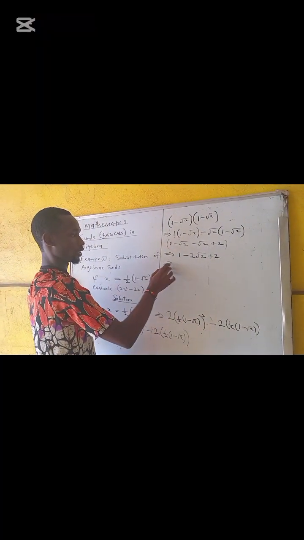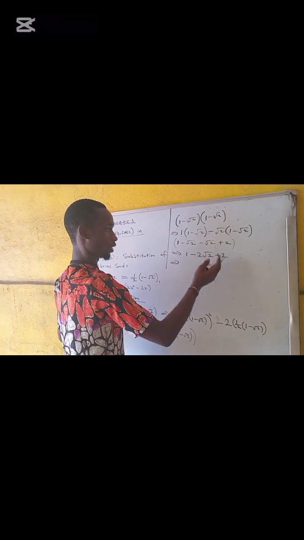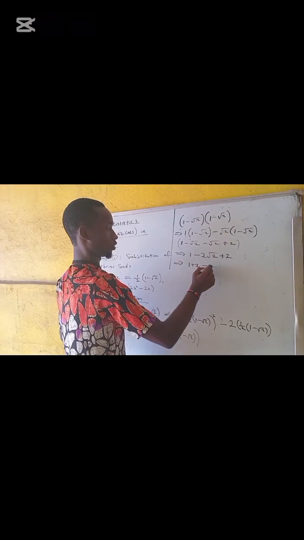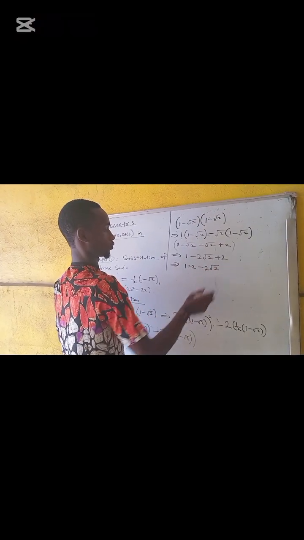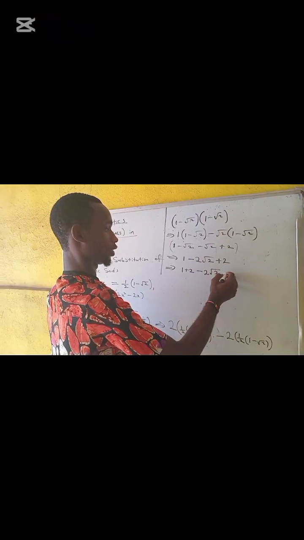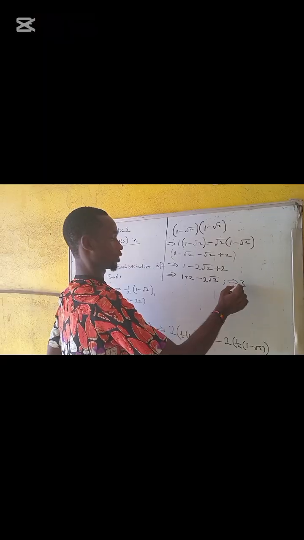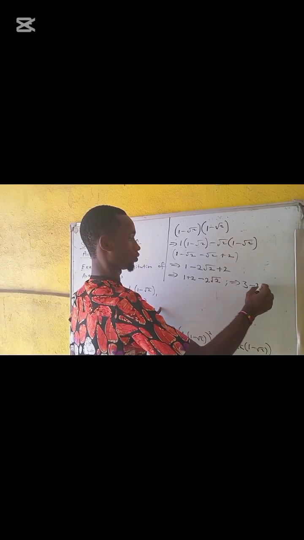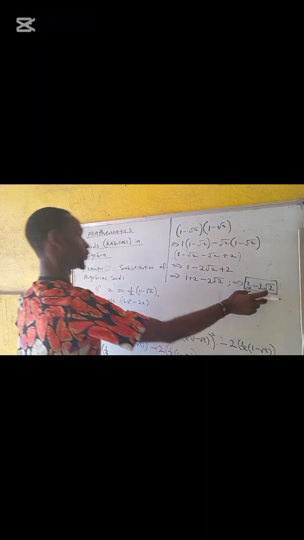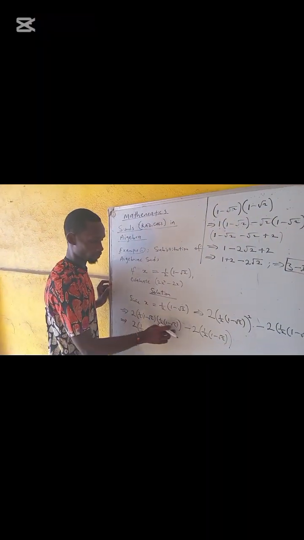So which implies that, taking the like terms, 1 with this plus 2, minus 2 root 2. Since we have something like this, this plus this is giving us 3 minus 2 root 2. So we'll be placing this value in respect to this.